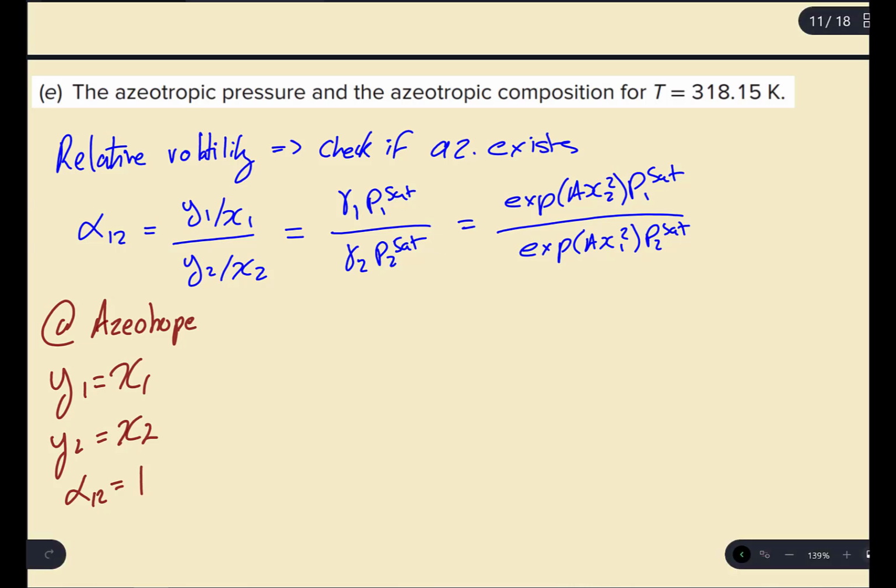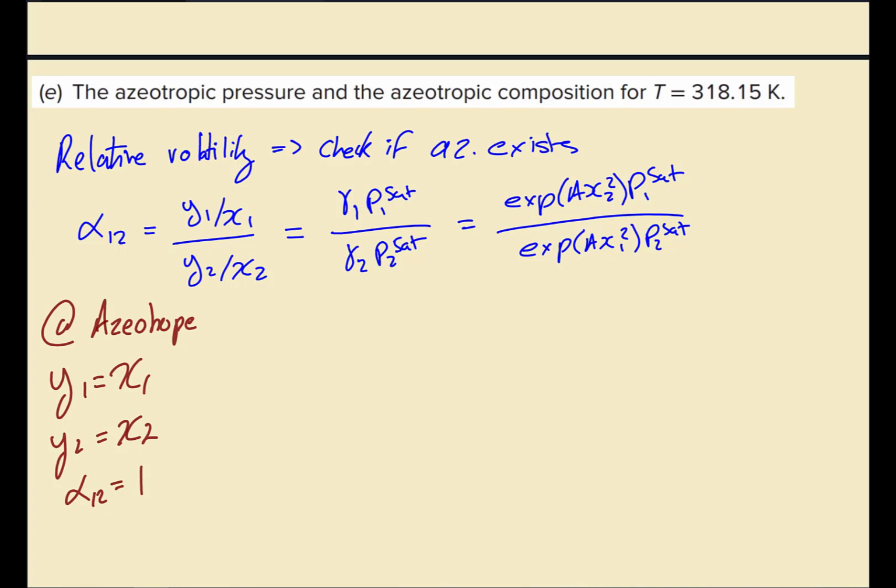So we're doing the limit checks to see, do we cross 1 anywhere in the limit? We're going to check alpha 12 when x1 is close to 0, and then alpha 12 when x1 is close to 1. If it crosses 1, like if one limit is 0.5 and the other is 3, then we know it crossed 1 somewhere. That means an isotrope exists.